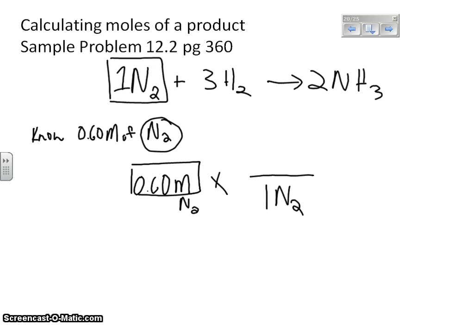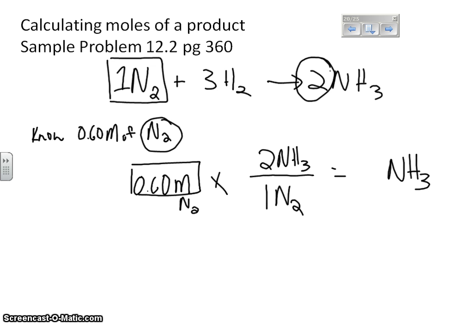And then what are we trying to find out? We're trying to find out NH3. How many NH3s do we have? We have 2. So the mole ratio is 2 NH3.